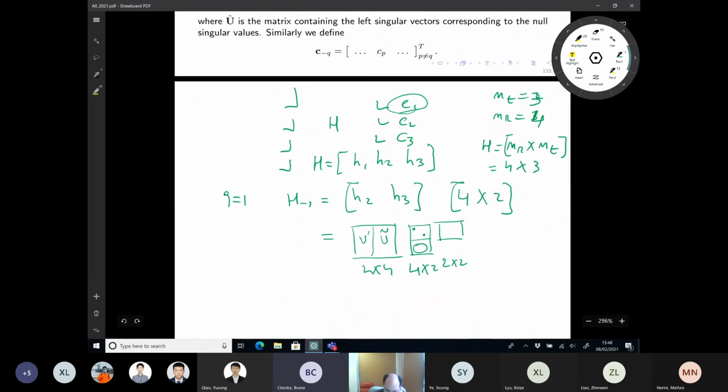If G falls into U tilde, automatically I'm going to have G multiplied by H minus 1 equal to 0, because G will fall into here, will excite those non-zero block here, and so I will have 0 coming out.